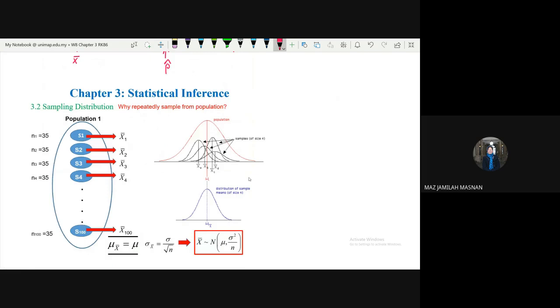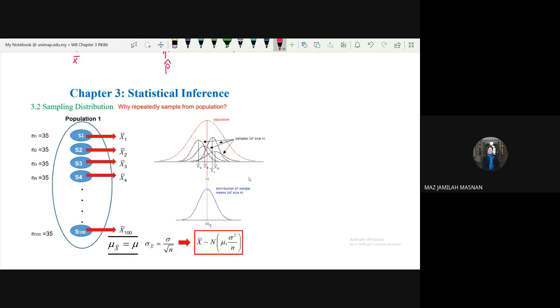Now, can everyone please turn to your textbook on page 75. There is a subtopic we call sampling distribution. If you are studying statistics, sampling distribution is a big topic that needs to be covered.